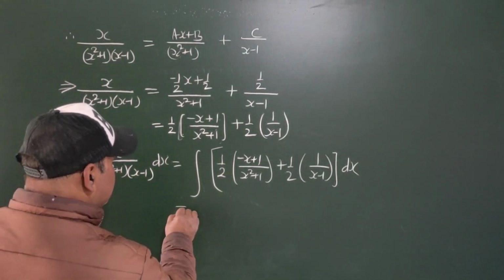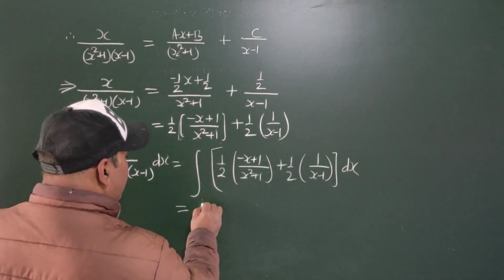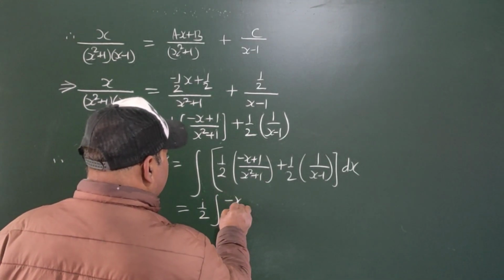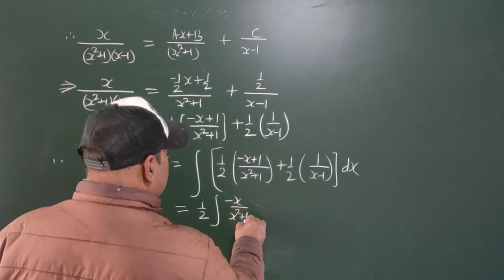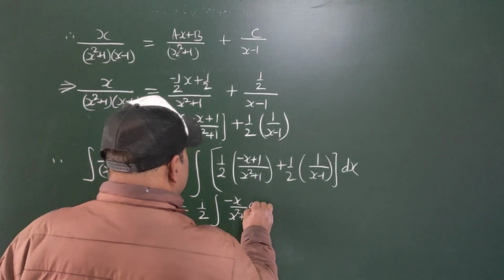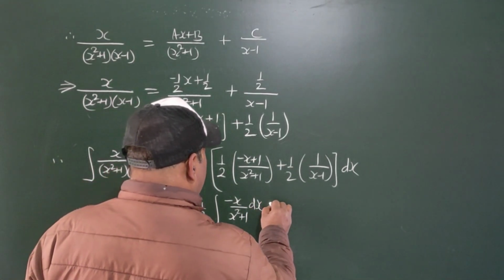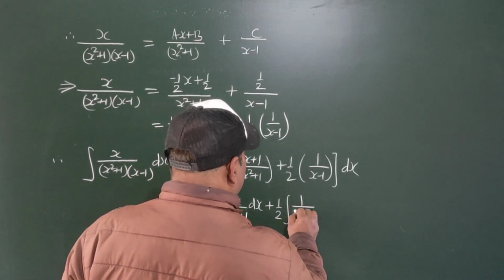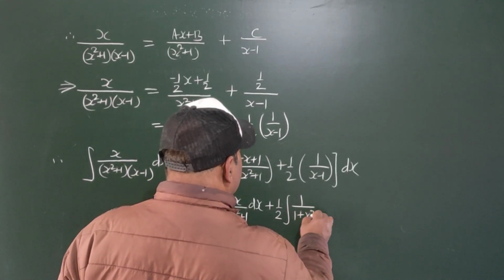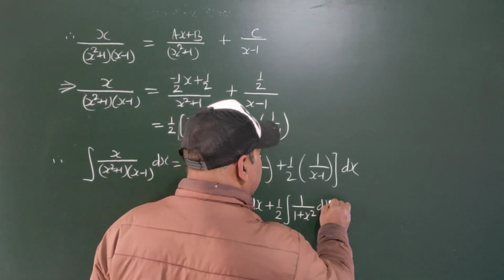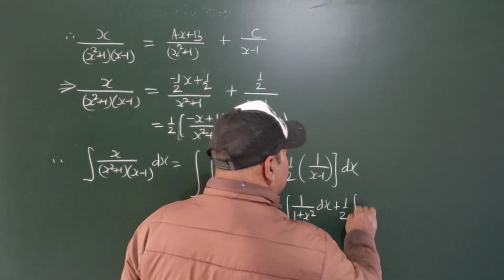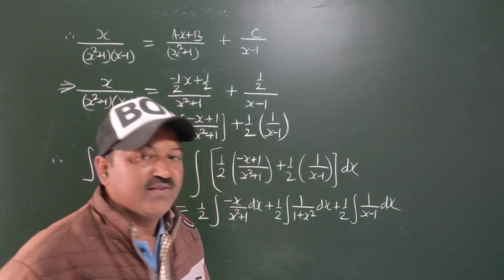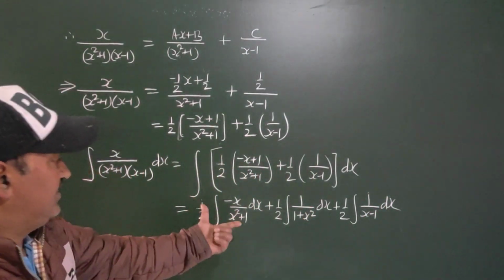That is further equal to 1 by 2 into integration of minus x upon x square plus 1 into dx, plus 1 by 2 into integration of 1 upon 1 plus x square into dx, plus 1 by 2 into integration of 1 upon x minus 1 into dx. The question becomes this.